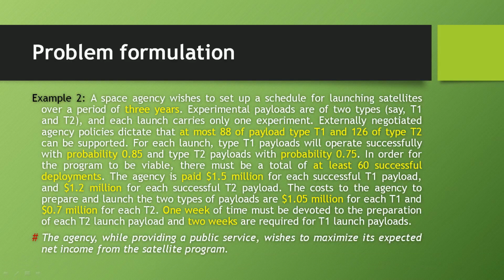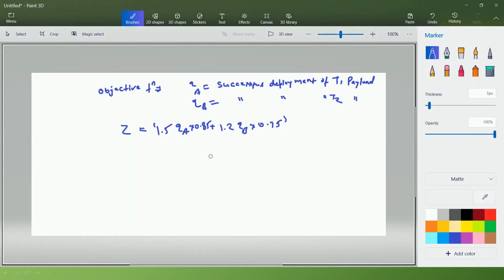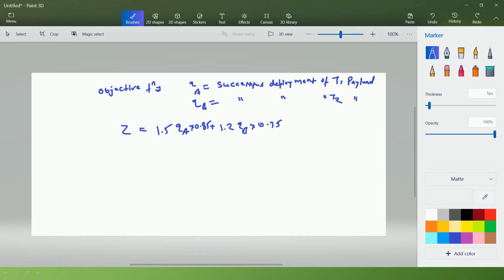Now, in order to develop these successful deployments, the company has to pay $1.05 million for T1 and $0.7 million for T2. So we have to subtract it. Minus 1.05 is spent to develop QA payload, minus 0.7 is spent to develop QB payload.